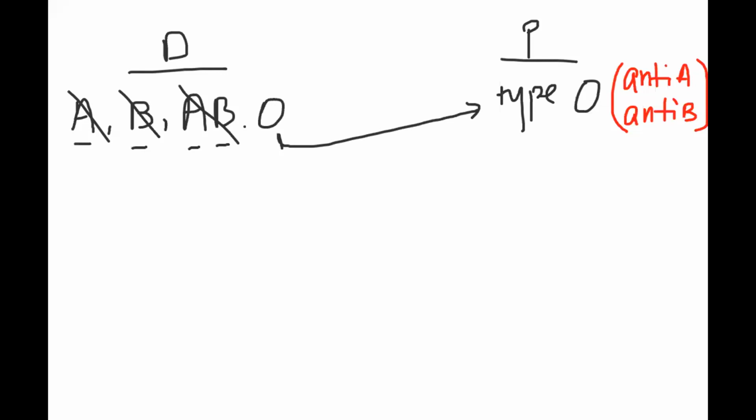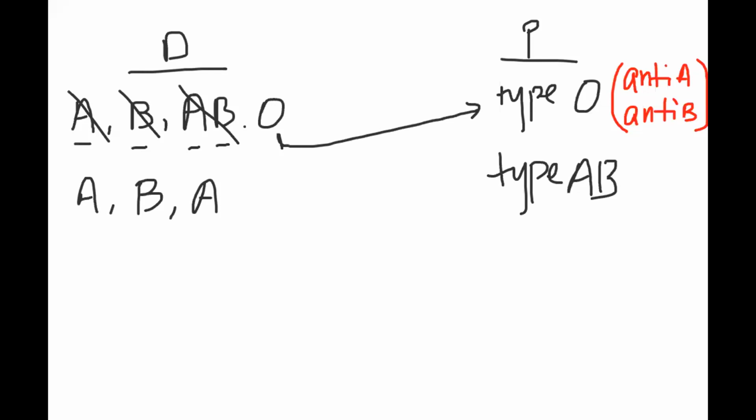Okay, try one more. If the patient has type AB blood, who can be the donors? Again, we write down all the possibilities. If it's type AB blood, what antibodies can be found in it?